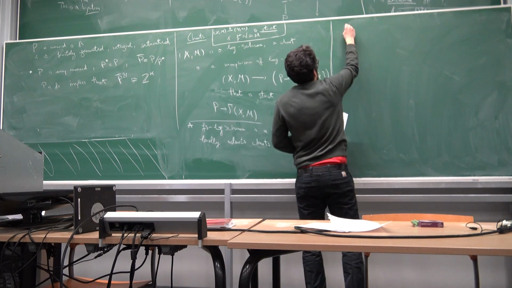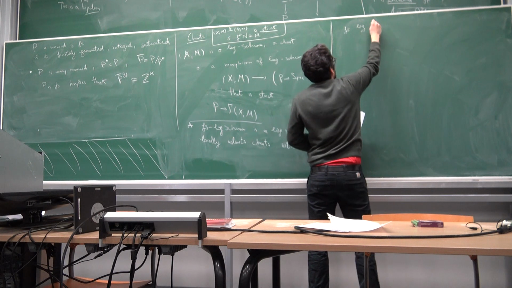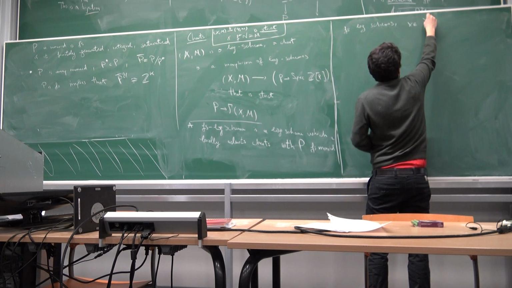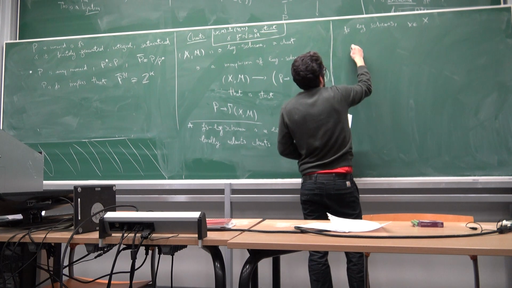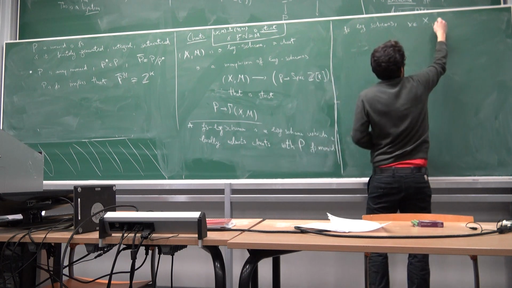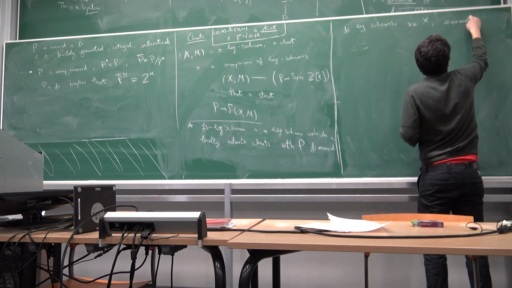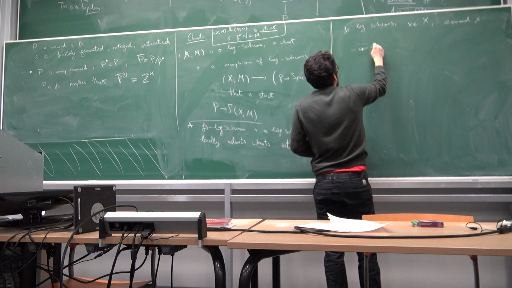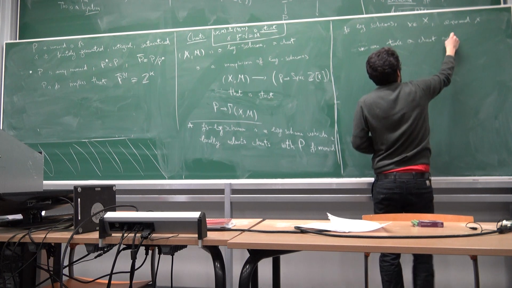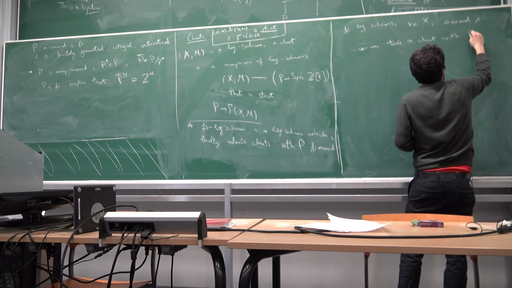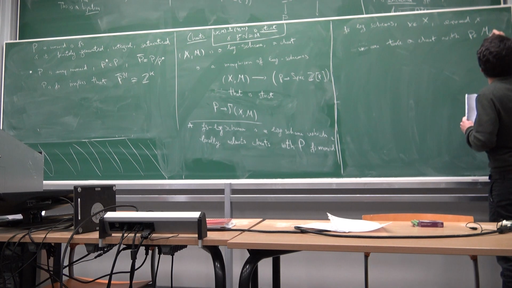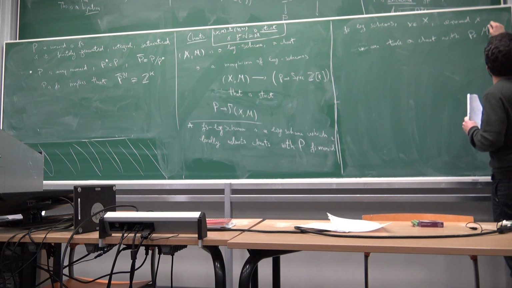Now, for FS log schemes, and x at any point, we can take as a chart around x a chart with P equal to M bar.